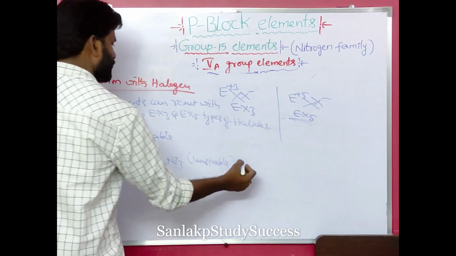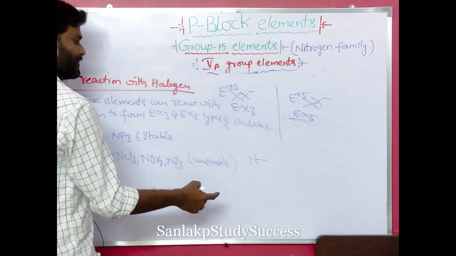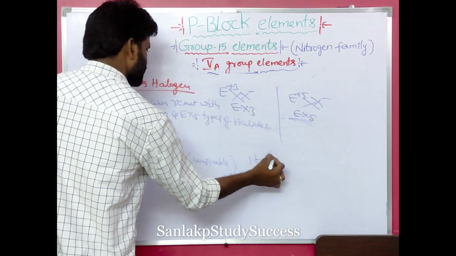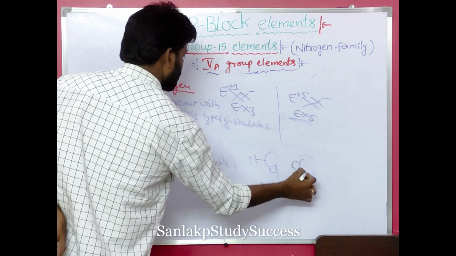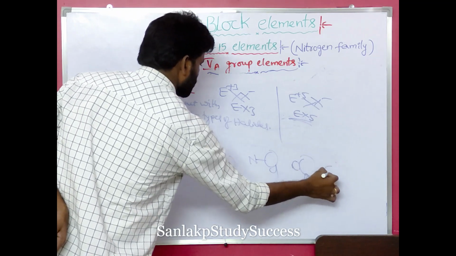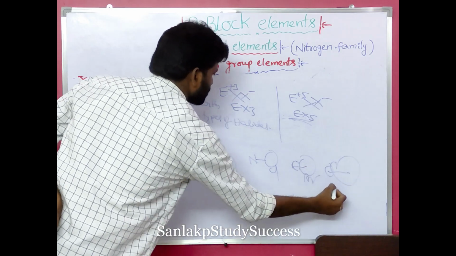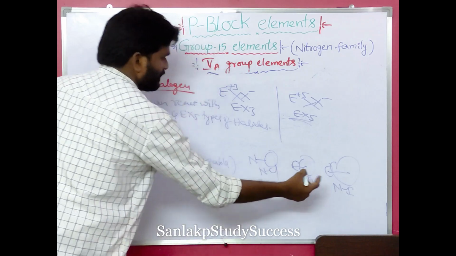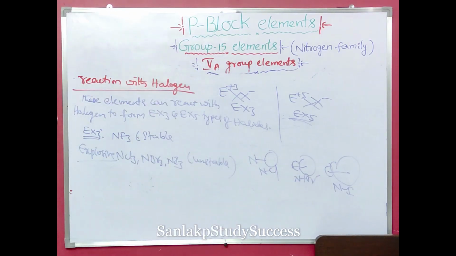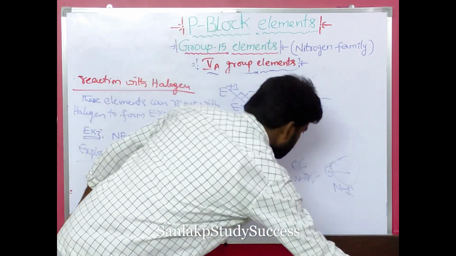The size of the halogen increases from chlorine to bromine to iodine, so the bond is weakened, and the compound is less stable.